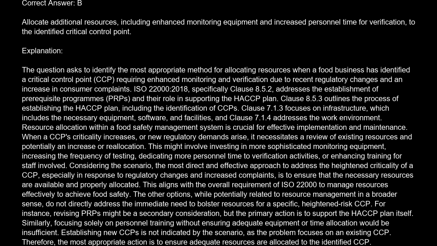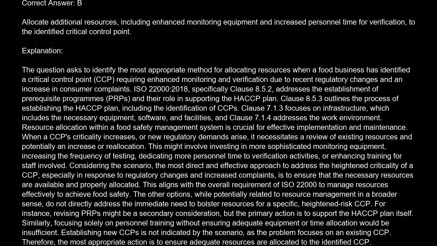Clause 8.5.3 outlines the process of establishing the HACCP plan, including the identification of CCPs. Clause 7.1.3 focuses on infrastructure, which includes the necessary equipment, software, and facilities, and Clause 7.1.4 addresses the work environment.